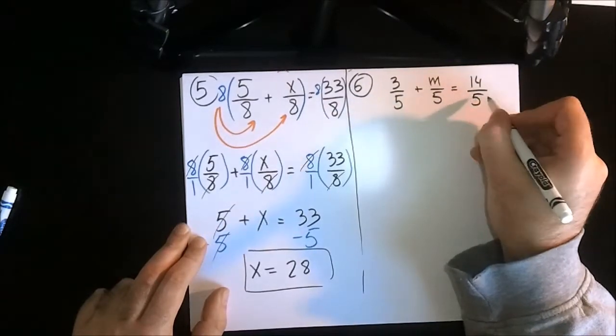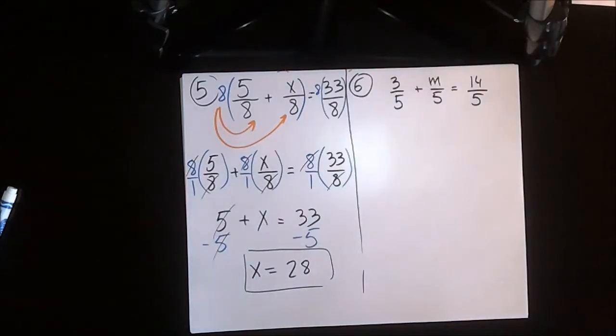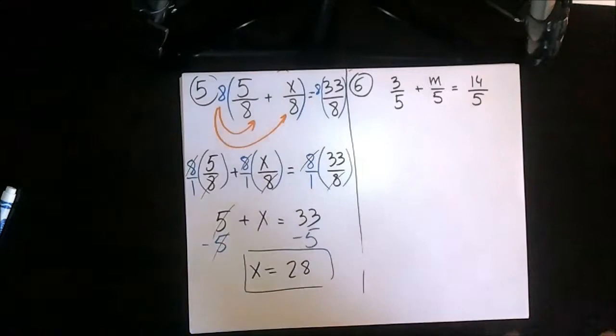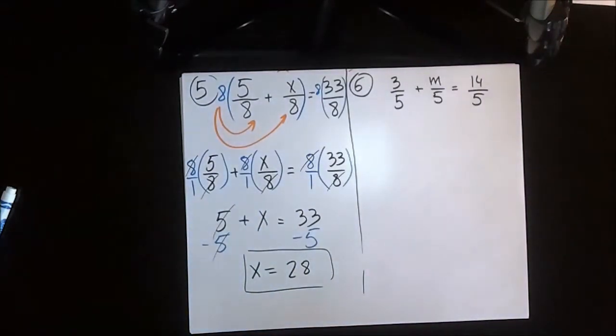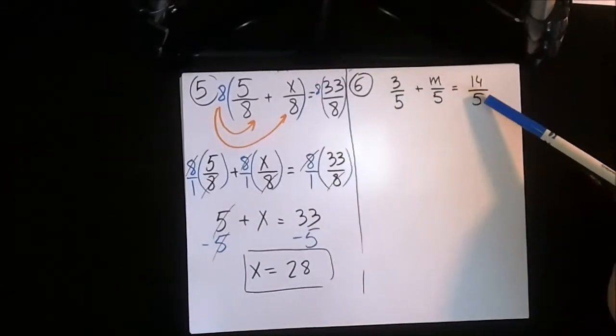So again, very similar problem to what we already did. I have fractions. I don't like fractions, so I'm not going to start isolating the variable first. I am going to get rid of all my denominators. And since they're all the same, very neat, again, because if I get rid of one, I get rid of them all. So how do I get rid of any of them? They're all being divided by 5.